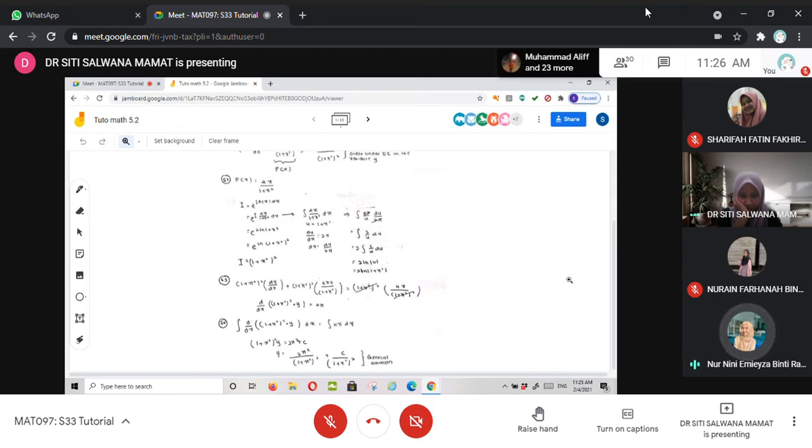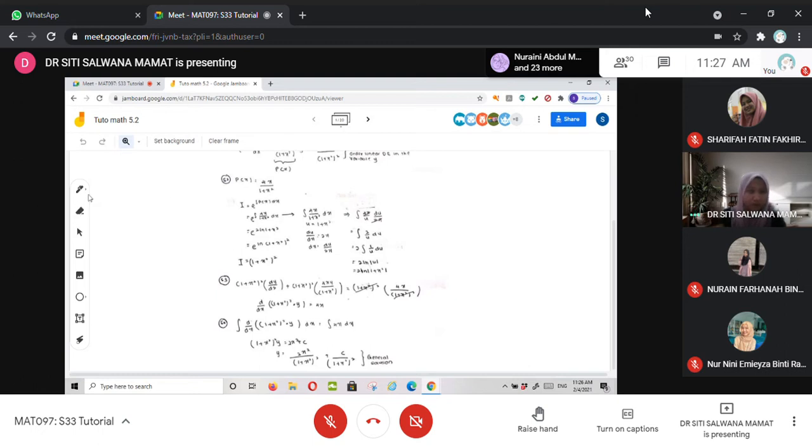Now we observe that the left hand side of this equation is automatically the exact derivative of the product between the integrating factor and the variable y. Next, for the last step, we need to integrate both sides to get the general solution. So the last answer is y is equal to 2x squared over 1 plus x squared to the power of 2, plus c over 1 plus x squared to the power of 2.